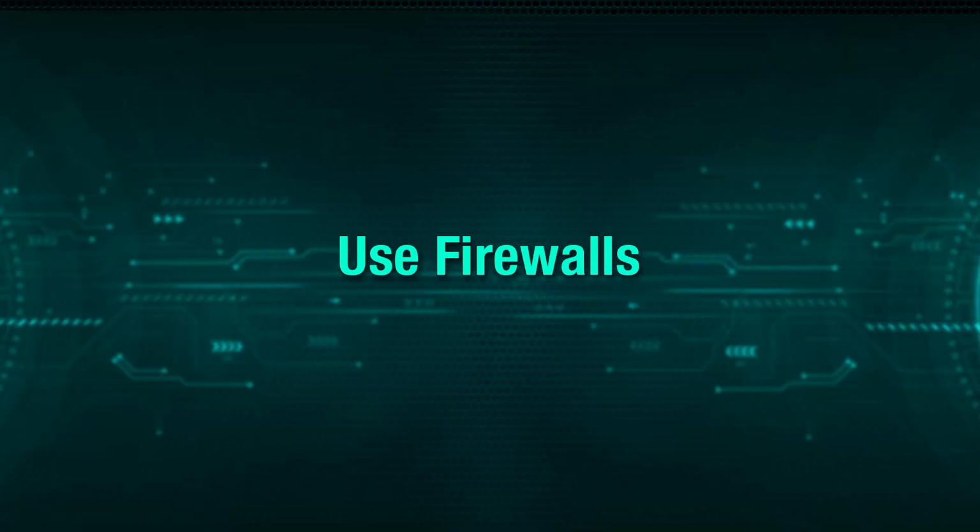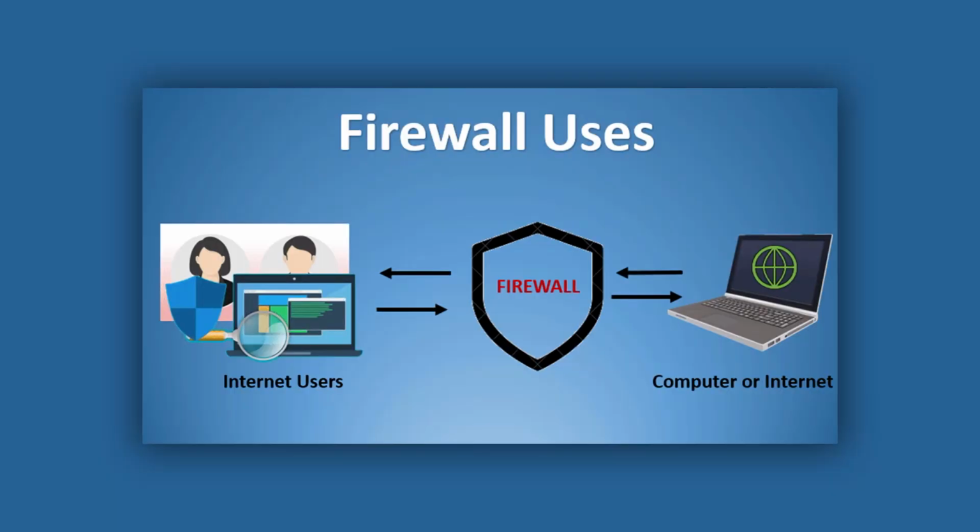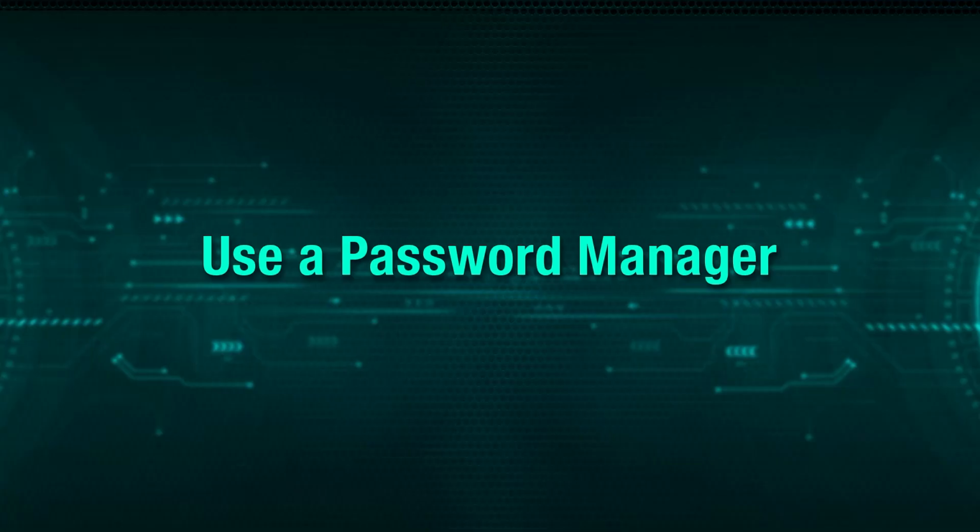Use firewalls. Most antivirus software is equipped with a firewall that can help protect against attacks such as backdoor viruses. Firewalls are designed to monitor all incoming and outgoing traffic on your network so they can filter out threats. Use a password manager.